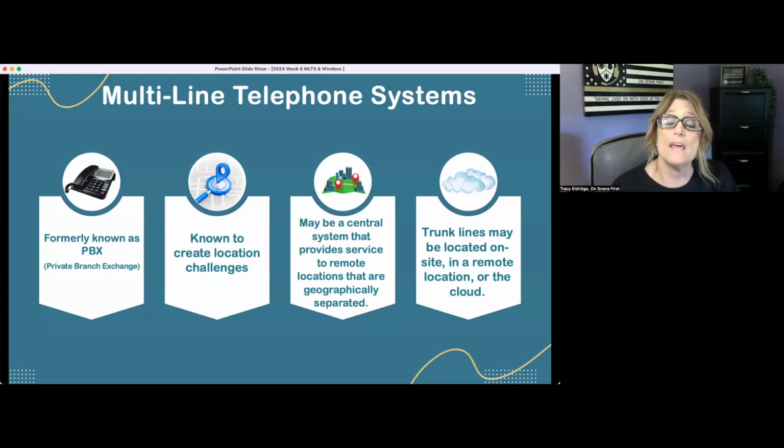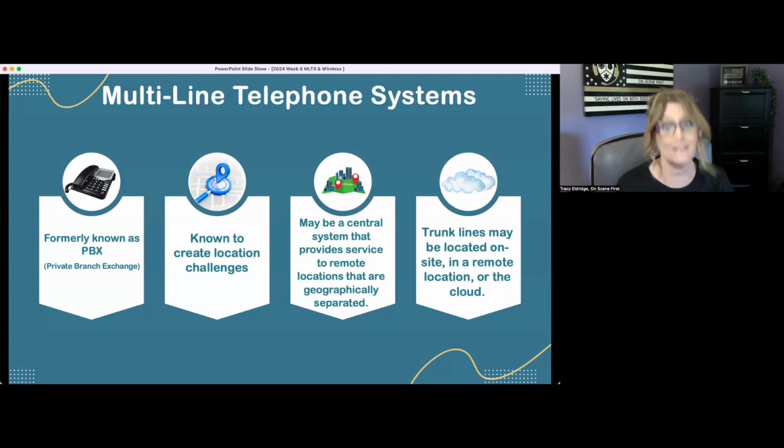They may be a central system that provides a service to remote locations that are geographically separated. We're going to identify the different types of multi-line phone systems, but just know generally that you can have a multi-line phone system that is geographically separated by thousands of miles, and they're all part of the same phone system.